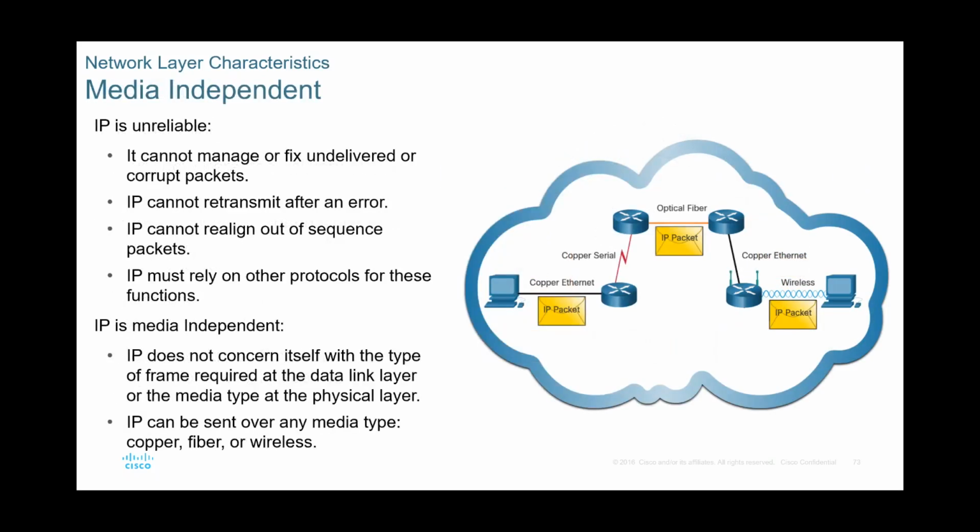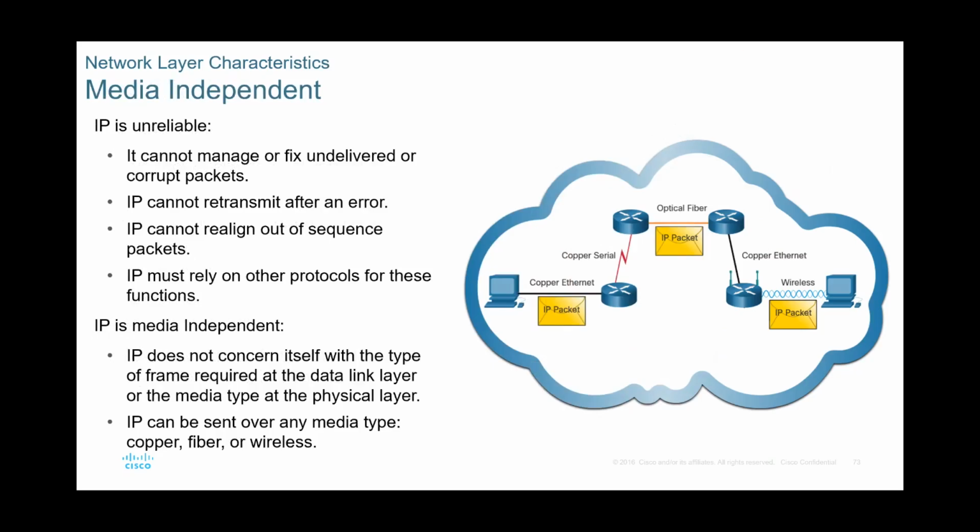When they say IP is media independent, meaning what? IP does not care about the channel you're using. It can be wired, it can be wireless, it can be fiber, it can be anything. It's not IP's problem.